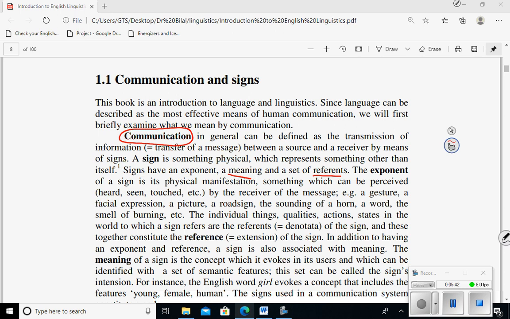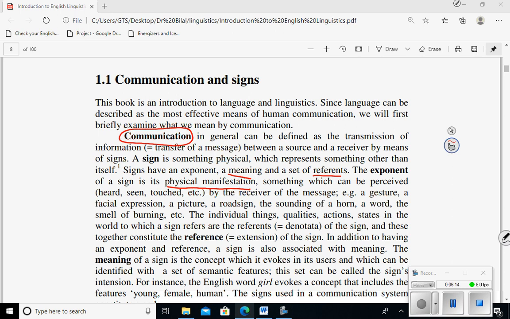So what is meant by the exponent of a sign? The exponent of a sign is its physical manifestation, as I told you, something that can be perceived. As humans, we can perceive things by seeing them, by hearing them, by touching them, etc. So it could be heard, seen, or touched by the receiver of the message.